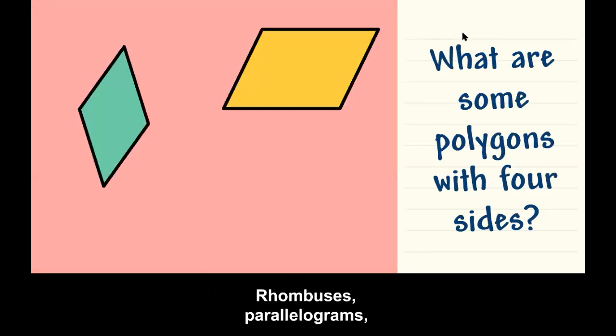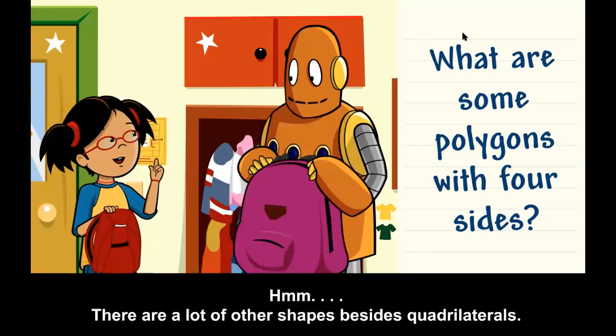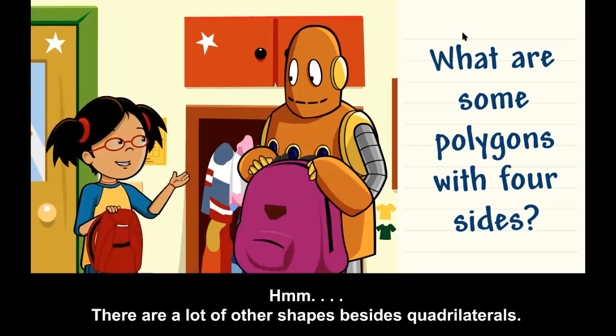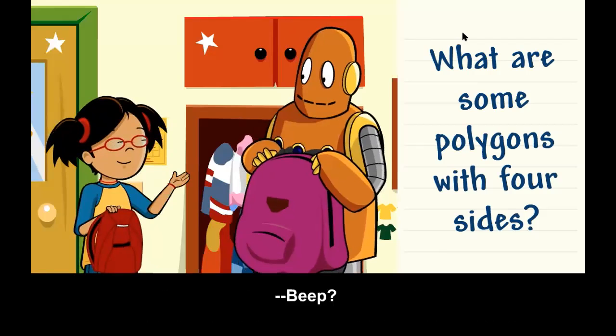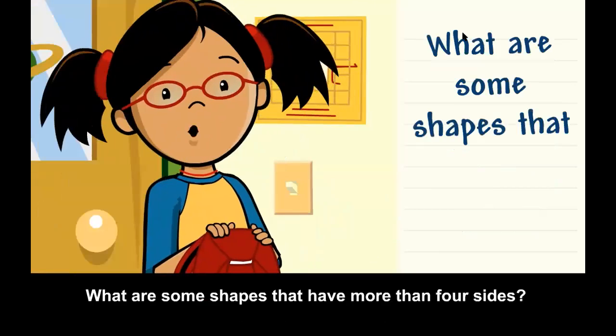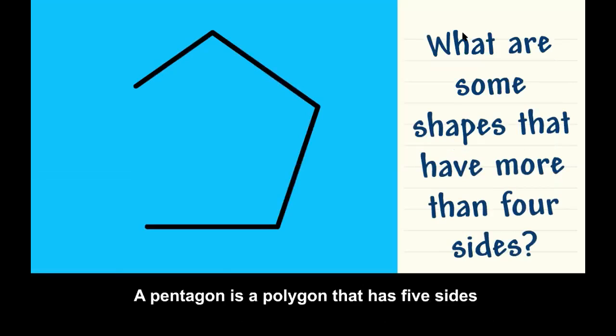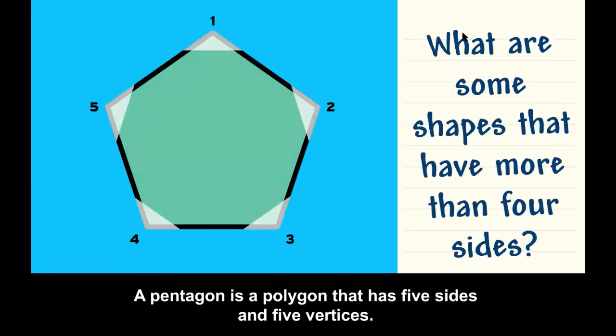Rhombuses, parallelograms, and trapezoids are all quadrilaterals. There are a lot of other shapes besides quadrilaterals. What are some shapes that have more than 4 sides? A pentagon is a polygon that has 5 sides and 5 vertices.